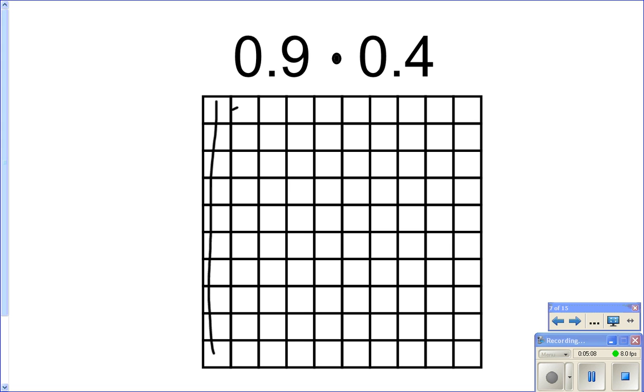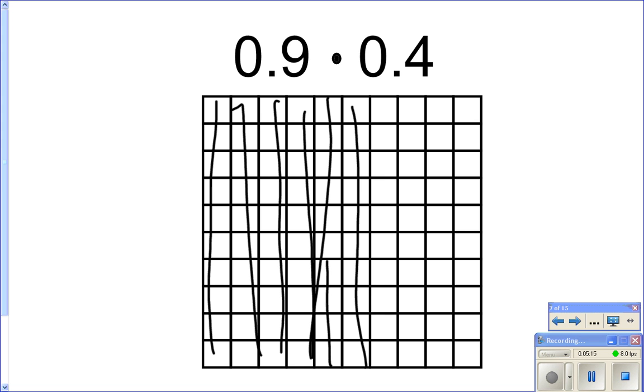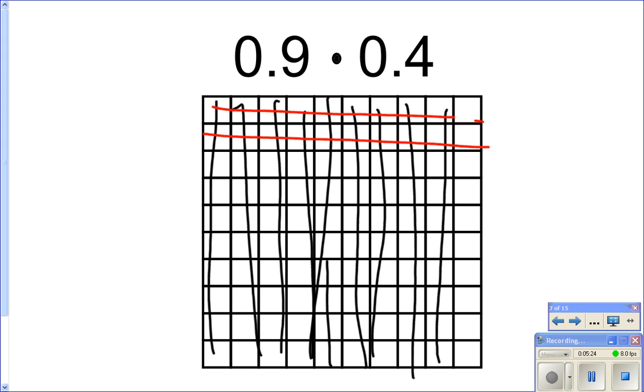You have 1, 2, 3, 4, 5, 6, 7, 8, 9 columns, and then 4 rows, 1, 2, 3, 4. So 9/10 times 4/10 is 36/100. So there are 36 out of these 100 squares that are shaded in both black and red.